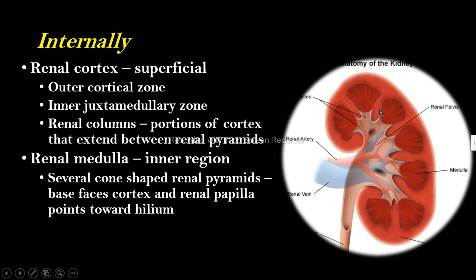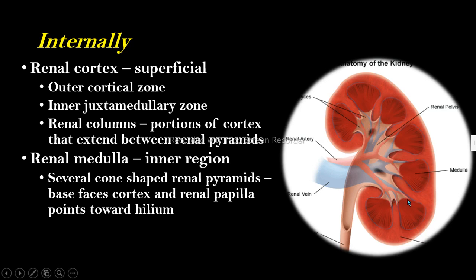Now this is the base and this is the apex. At the apex of these pyramids, they form what we call a renal papilla, which opens into different calyces. If it's one, it's a calyx.